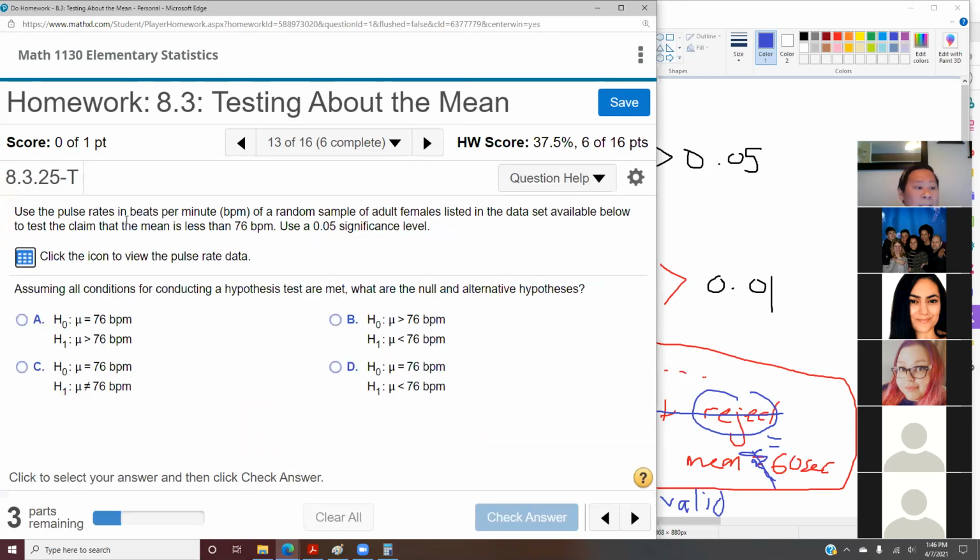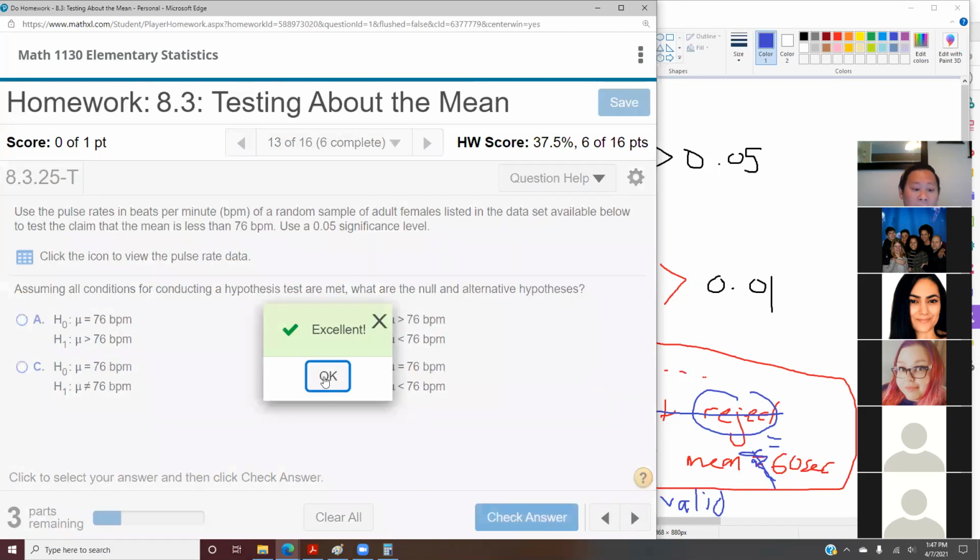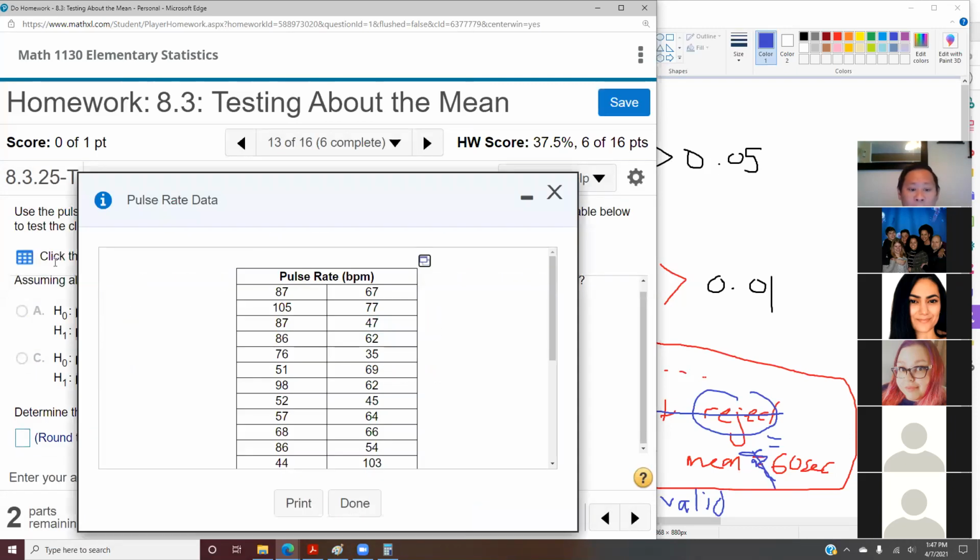The claim is saying that it is less than 76 bits per minute, which I think your answer will be A, B, C, or D. D. Okay.